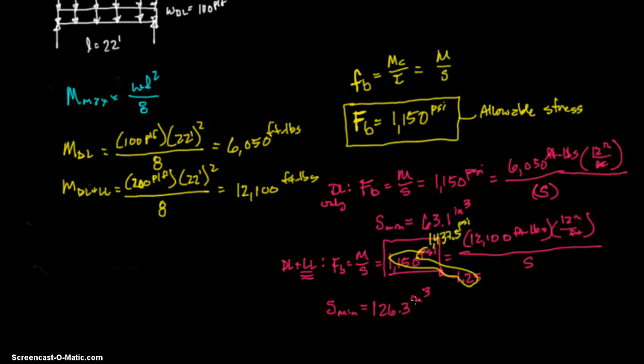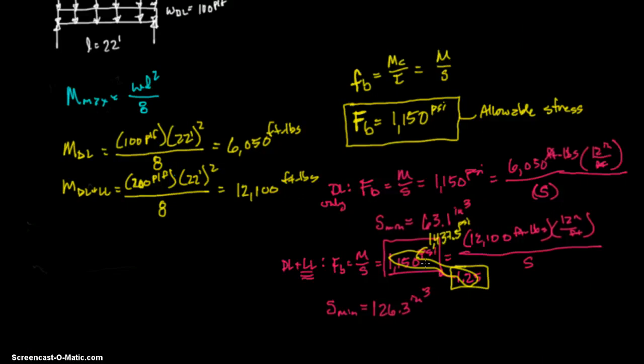And I know they didn't do that on, or maybe they did. Yeah, they did. Just showing it this way might be a little bit better to understand what exactly this 1.25 is doing. Saying, well, you know, we're not getting that live load all the time, so we can go ahead and increase this capacity by 1.25, multiplying.